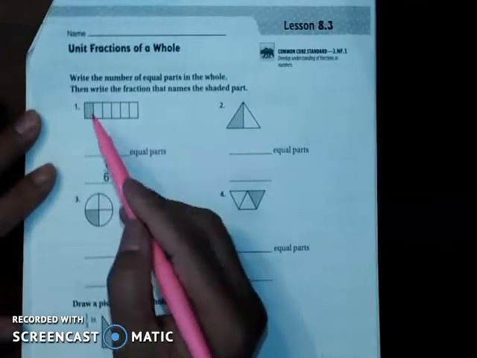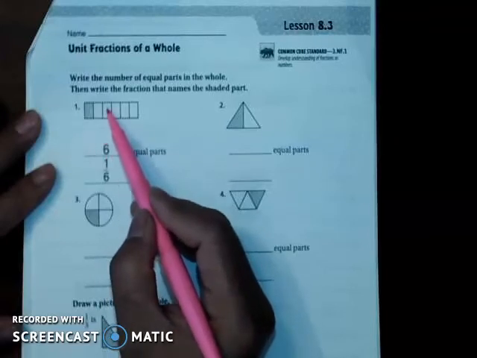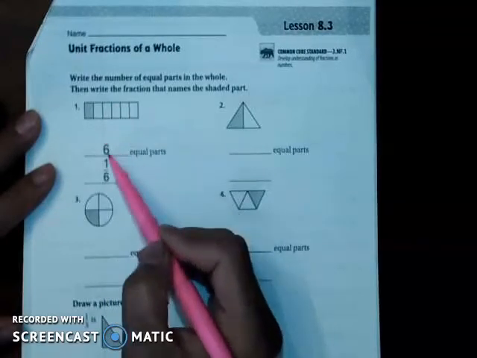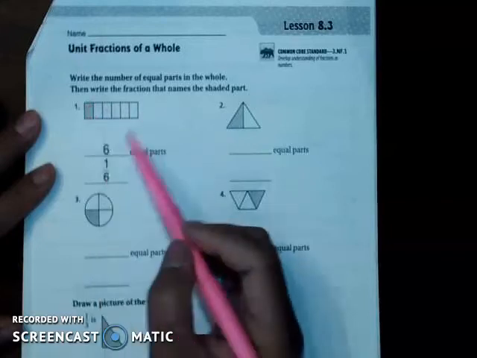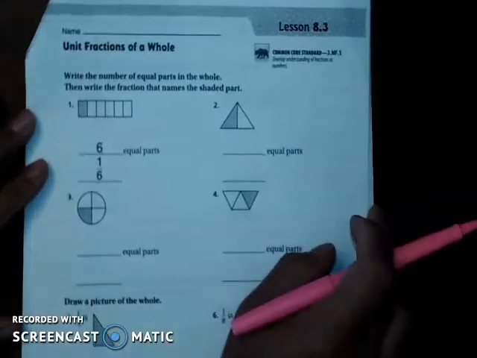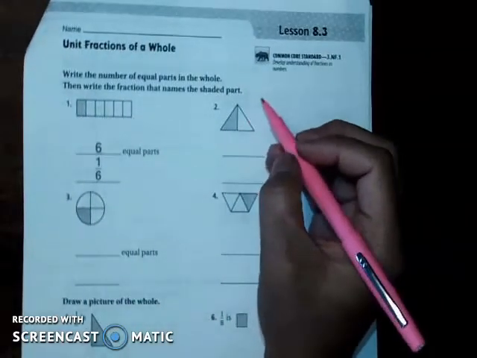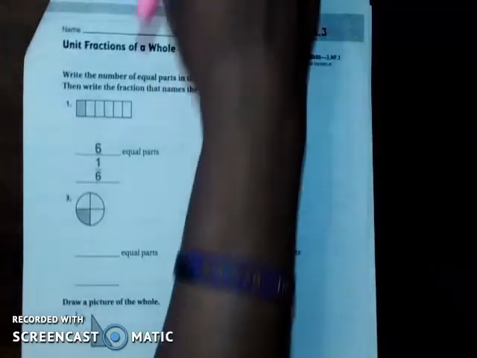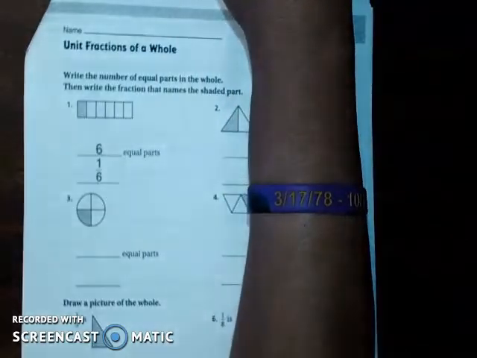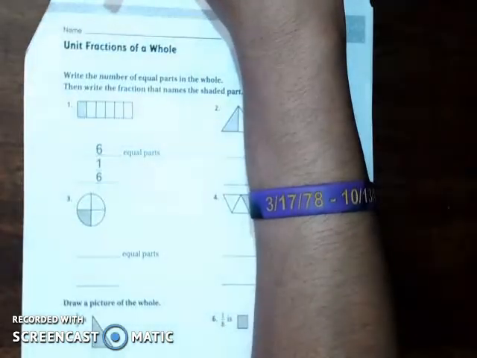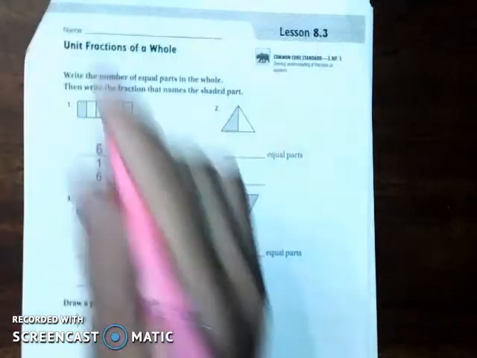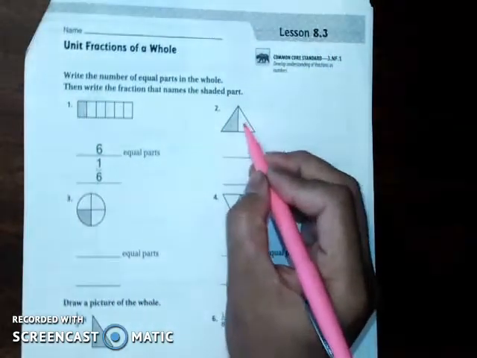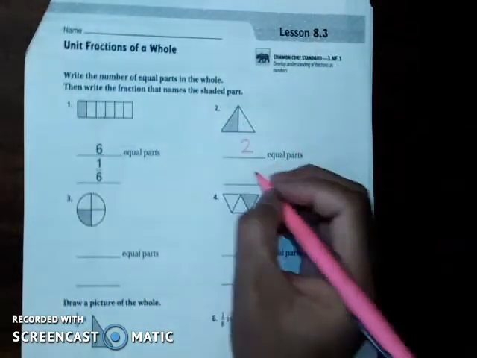So as you can see, there are 1, 2, 3, 4, 5, 6 equal parts, and they've only shaded 1, so it's 1/6. Number 2 shows how many equal parts. I know, it's so hard to count, right, you guys? But let's see if I can zoom in. I can't, okay. There are 1, 2 equal parts, and only 1 is shaded, so it's 1/2.